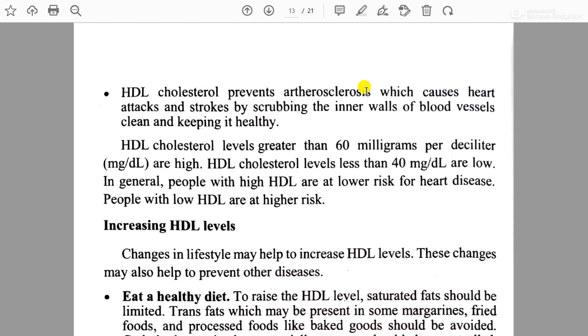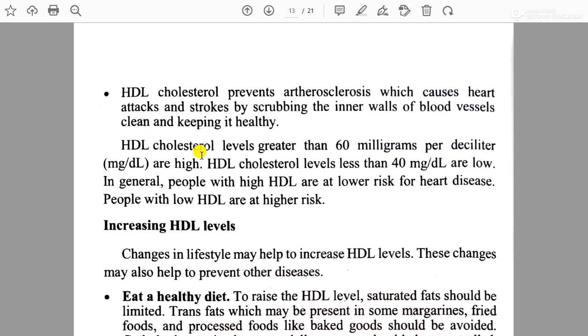It will scrub all the LDL which is deposited on the walls of the blood vessels, and it will make the blood flow easier and smoother.